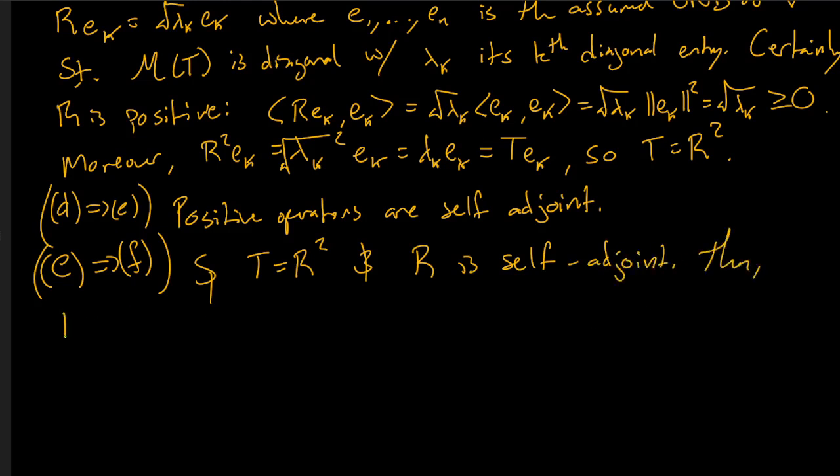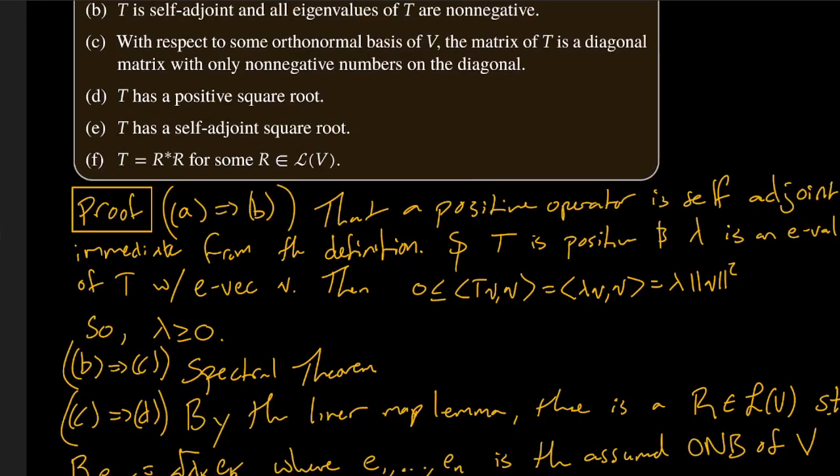Then R equals R star, so R squared equals R star R, and R squared is equal to T. And we're done. That is, we showed if T has a self-adjoint square root R, then T is equal to R star R, R adjoint R.